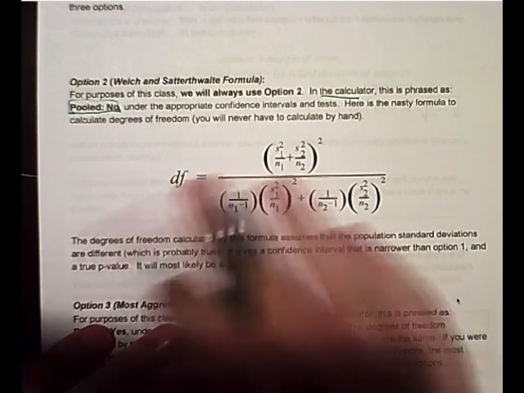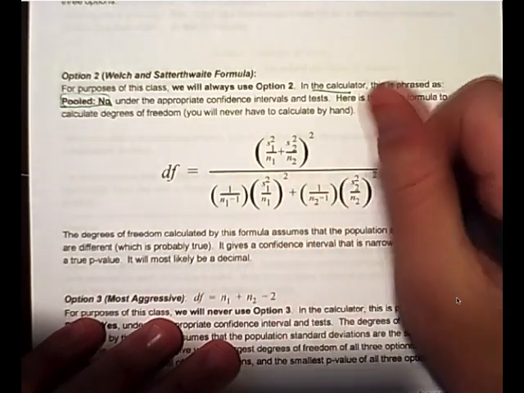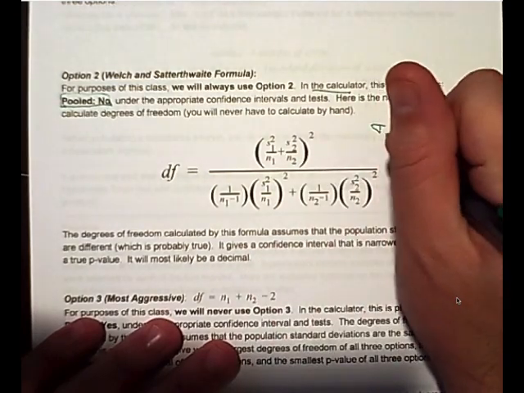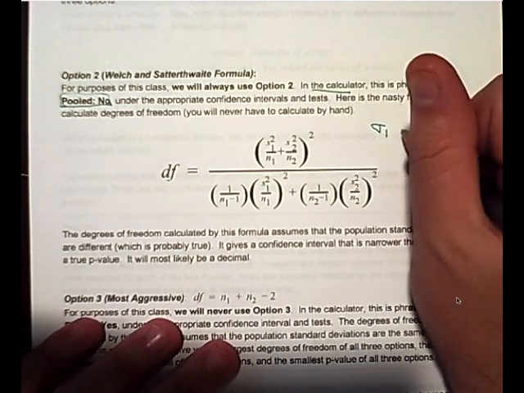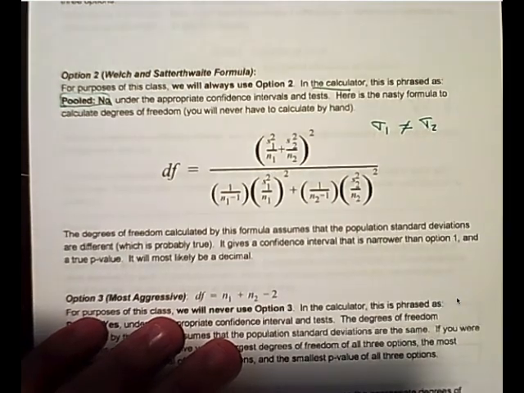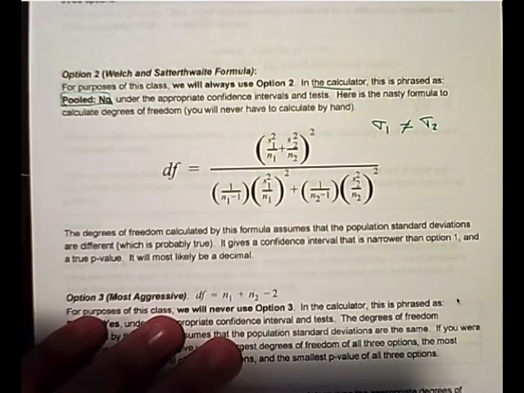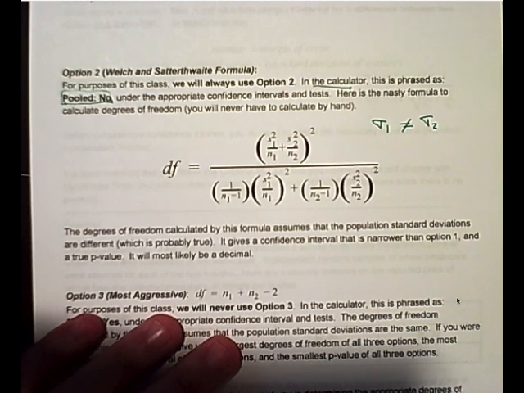What this formula assumes is that your true population spreads are different, which is probably the case. If we have two unique populations, they probably have different standard deviations.